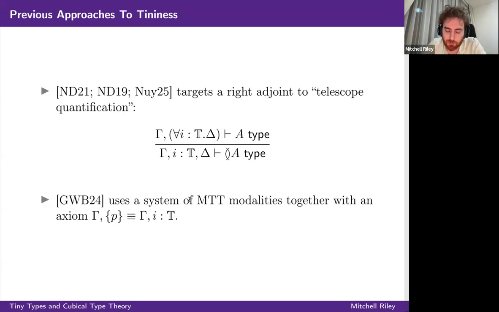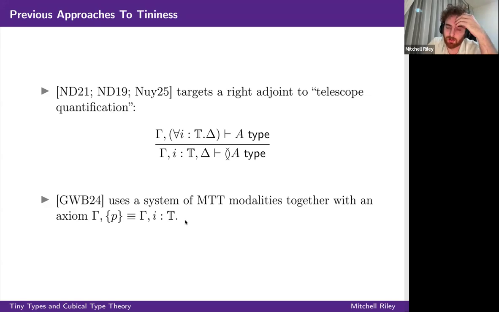And to end up with one of them representing this right adjoint, they add an axiom that says that one of these modal operators on the context is exactly the same as context extension. And I imagine that this axiom would really mess with normalization algorithm, but they're using a bunch of axioms in their formalism anyway, so it doesn't really matter for what they're doing.